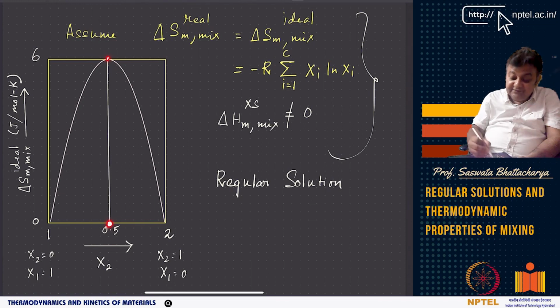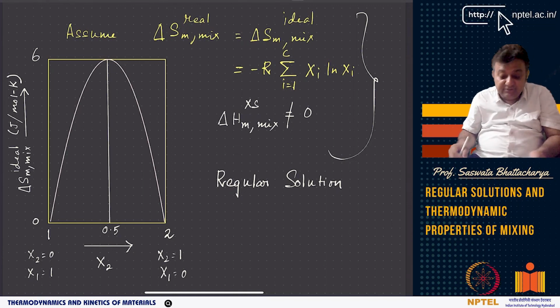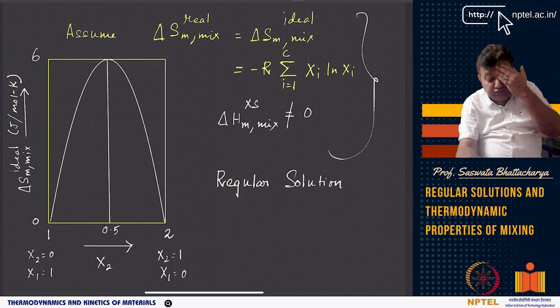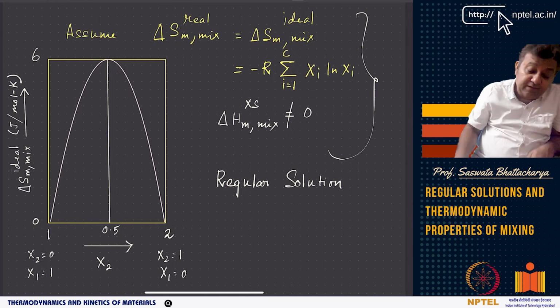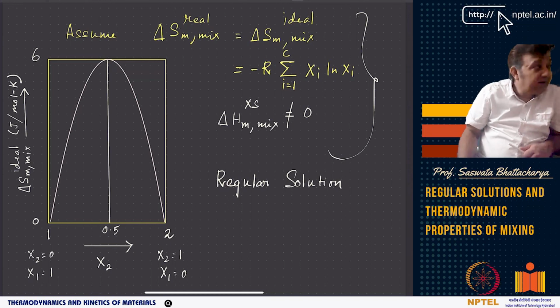At the 0.5 composition, this highest value corresponds to R ln2. So 8.314 multiplied by ln2, which is 0.693, gives a value very close to 6.